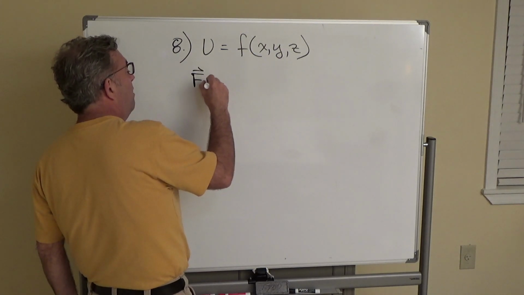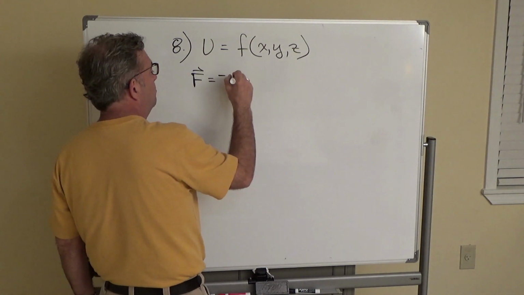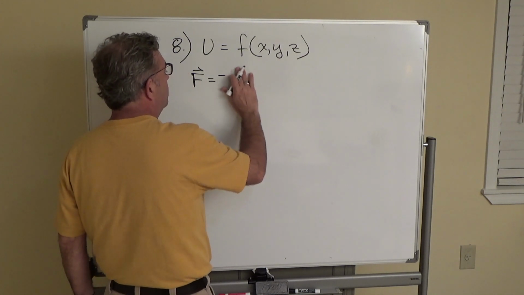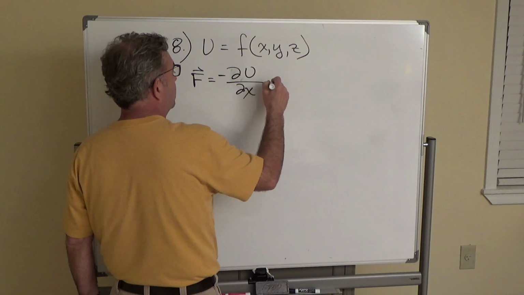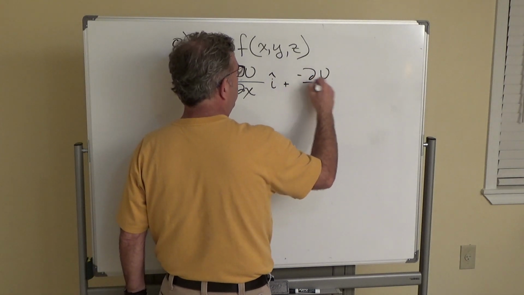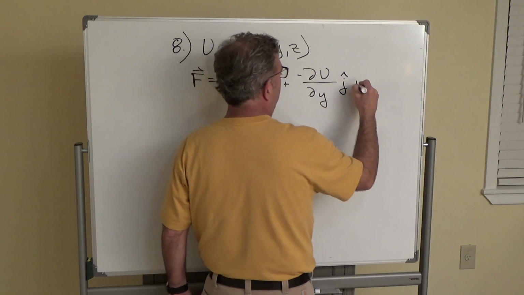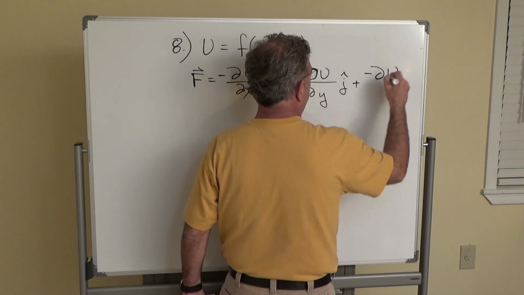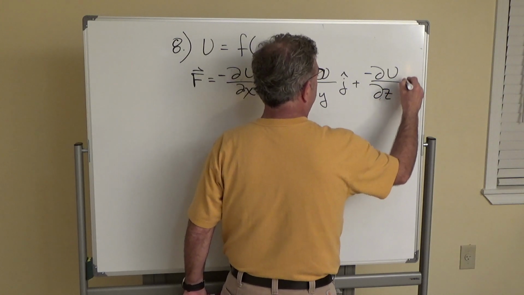F based on this potential function is equal to minus dU/dx i hat plus minus dU/dy j hat plus negative dU/dz k hat.